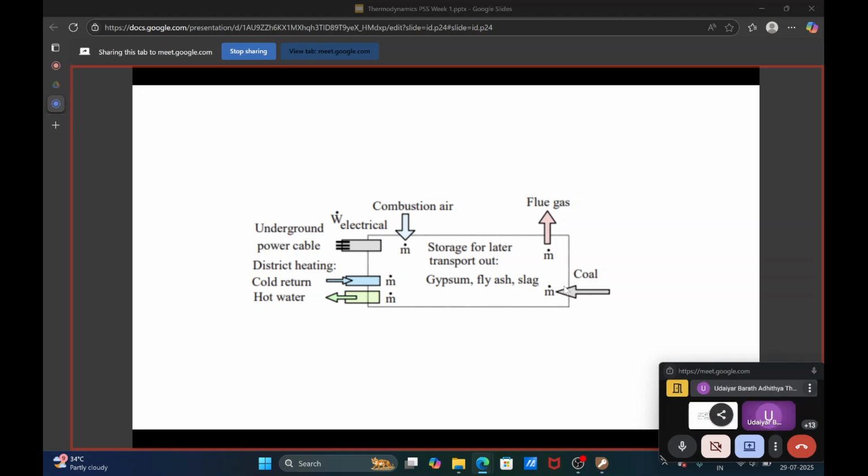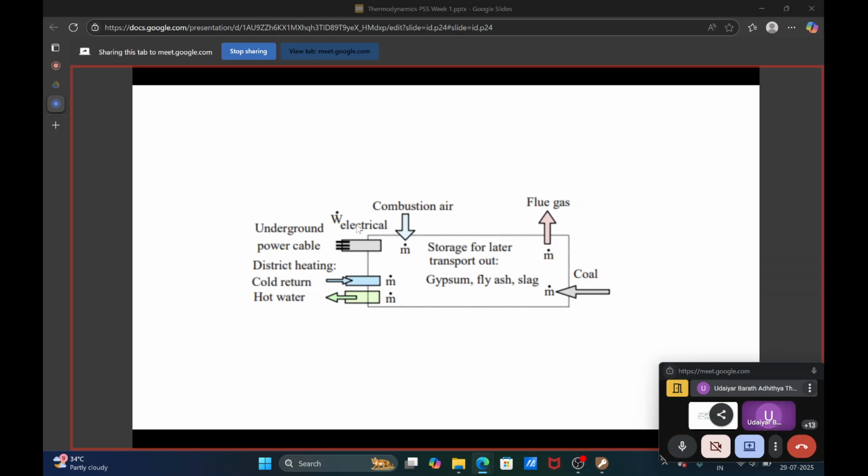We have coal coming in, which will be burnt, and burning it will generate flue gases which go out. For burning I will require some air, so that air is coming in. These are the mass transfers. For the district heating which was mentioned, the cold water coming in and the hot water going out are also mass transfer.